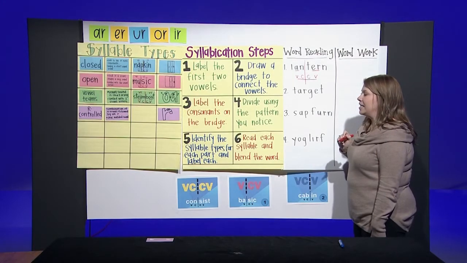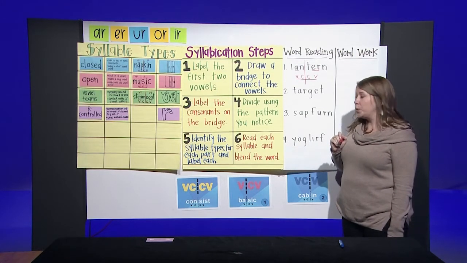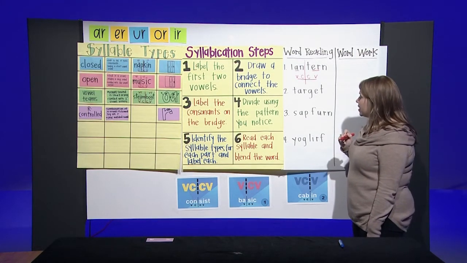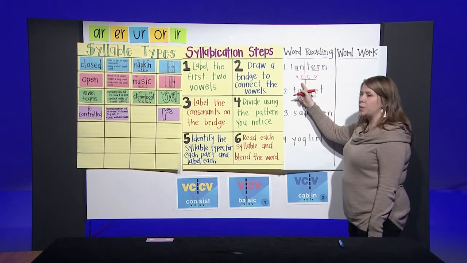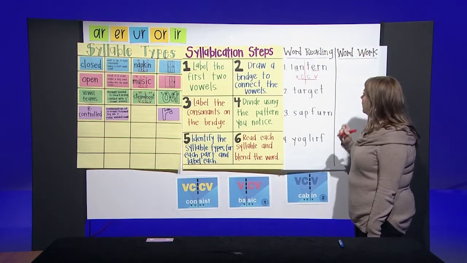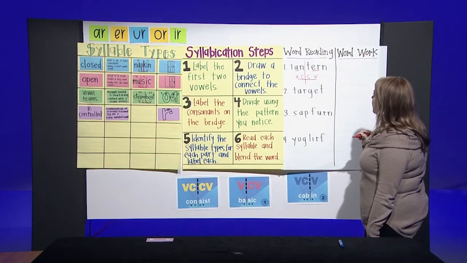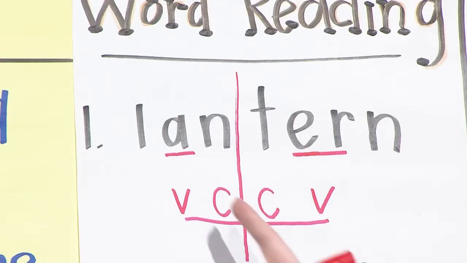Step 5 asks me to identify the syllable types for each part and then label each. So I'm going to focus just on this syllable, this first word part. What do I notice? There's a vowel A, and it's followed by consonant N. What do we know about syllables that end in one or more consonants?